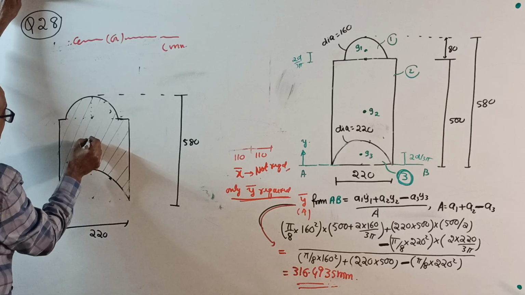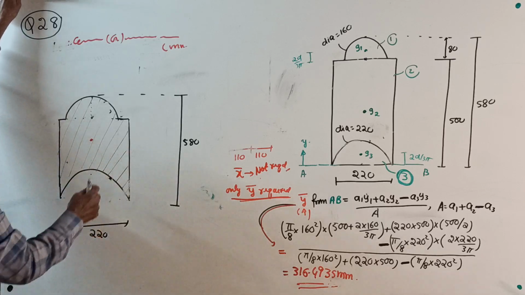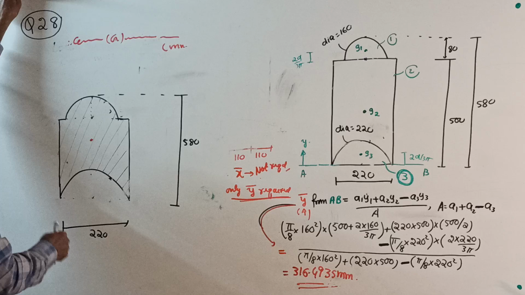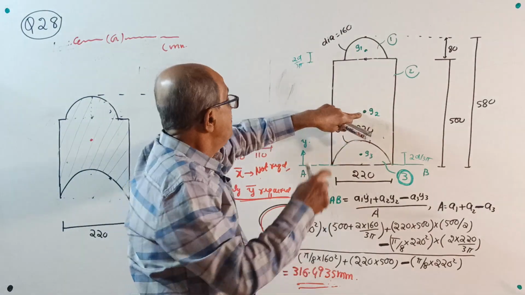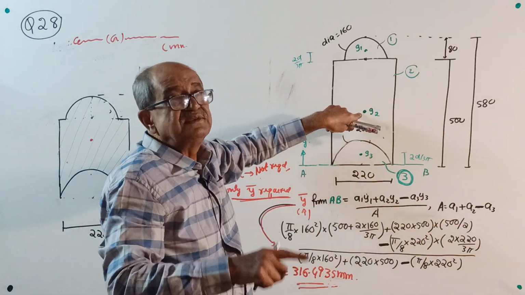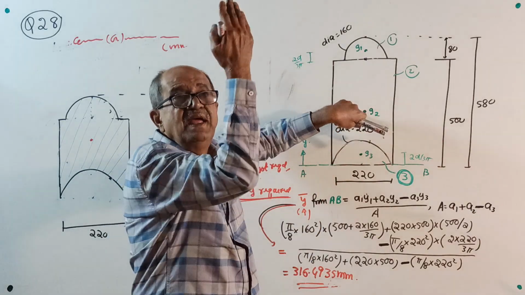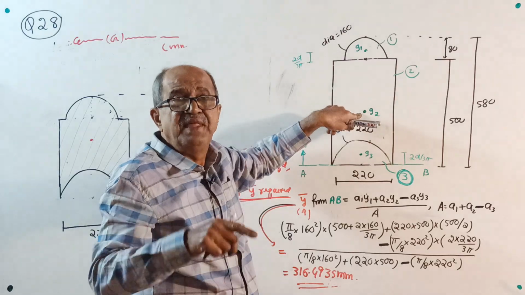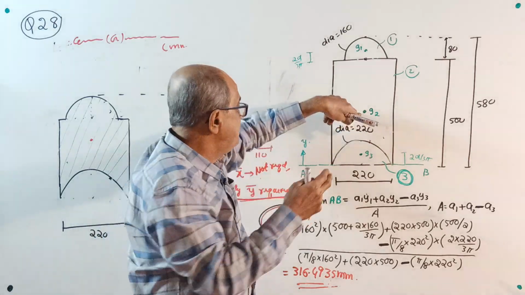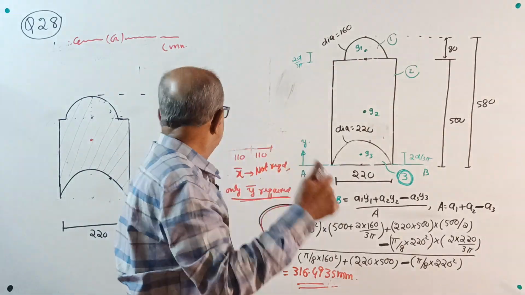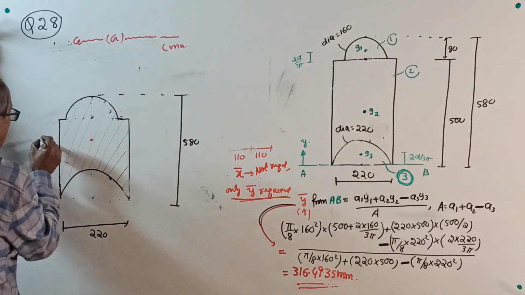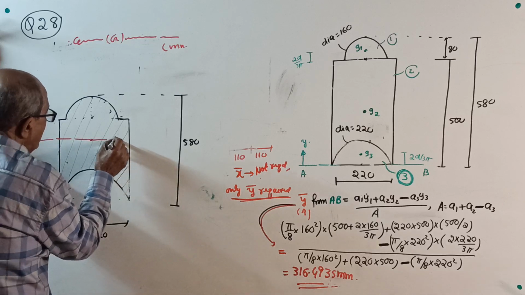There's a reason for it: for this rectangle the centroid is at the center, 250. Because of this cutout, the centroid will shift further away. Centroid always shifts to the side where the area is more. This is a remote area, and because of that area, it will shift further. So the centroid is here. This is your centroidal position.